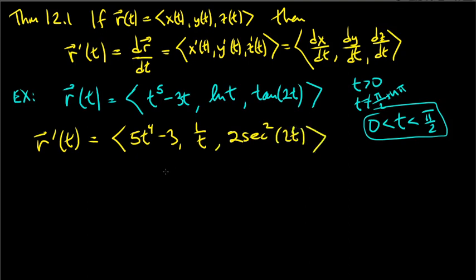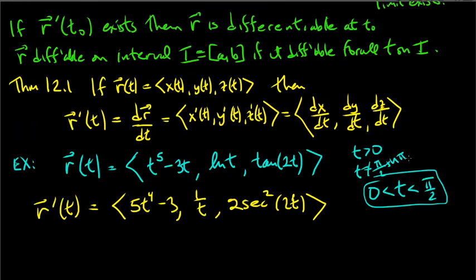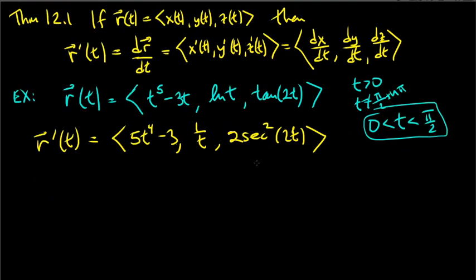If you didn't know how I got these functions, look back in your Calc 1 and Calc 2 book. On the front cover, they'll have a list of formulas for the derivatives, and you should refresh your memory because we're going to be doing this a lot. So make sure you're used to basic derivatives.